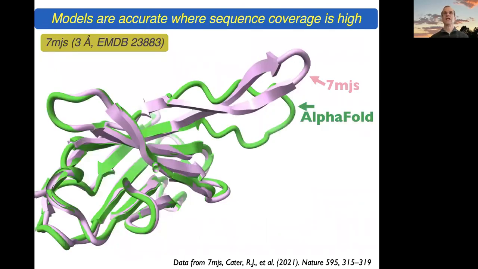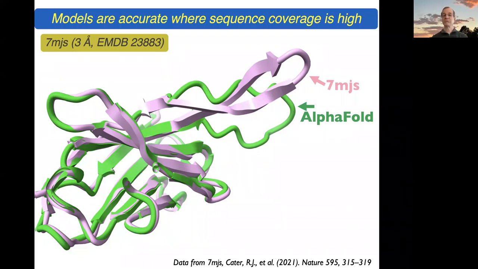Now, how does this confidence turn into a comparison of accuracies? So here are the two structures I showed you actually. 7MJS is the PDB identifier of this particular structure. It's in pink. The AlphaFold prediction is in green.